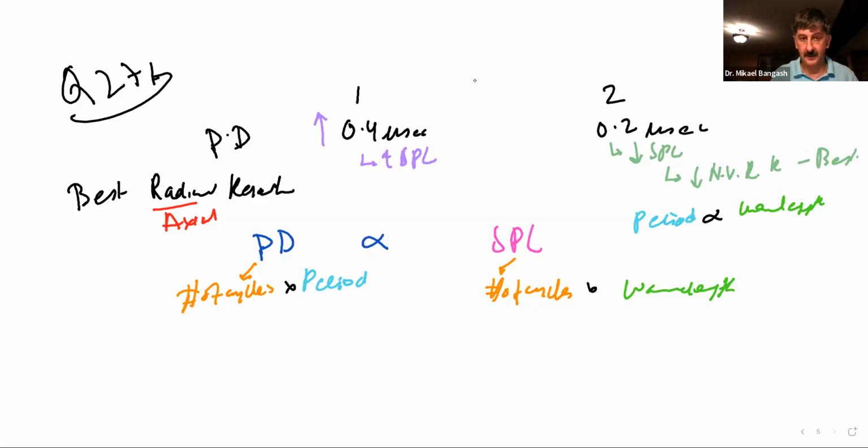Whereas this system, due to the greater pulse duration, will have a greater spatial pulse length. That causes a greater numerical value of axial resolution, which means its axial resolution will be poor, or the worst, compared to the other one.